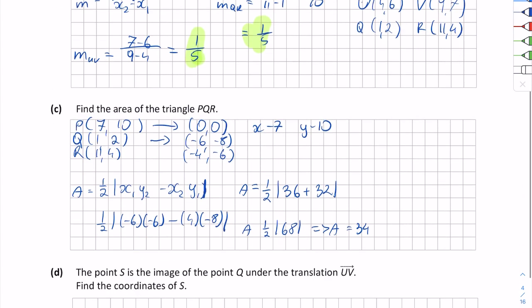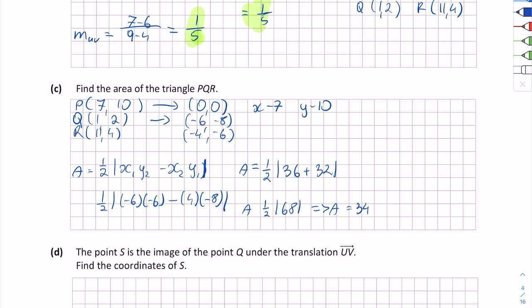So coordinates of U are 4 and 6, and it translates onto V with coordinates of 9 and 7, which means that the x-coordinate has to get plus 5 and the y-coordinate gets plus 1.